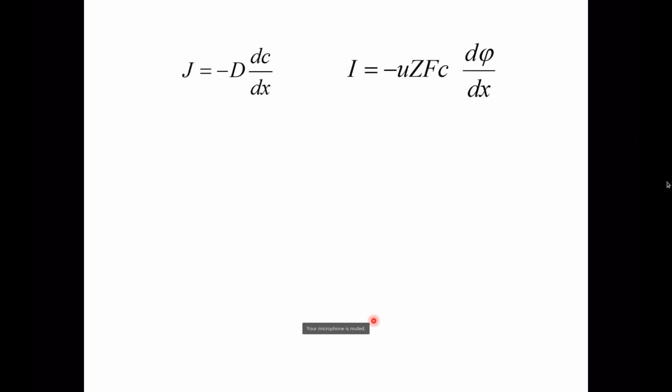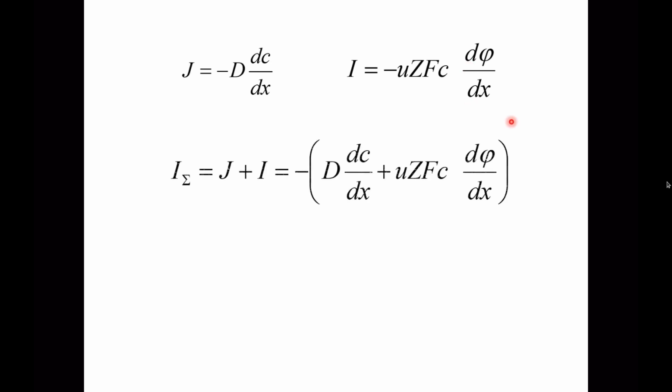Now we go to consider a more complicated situation, if the diffusion and the electrical current, or electrophoresis, are working together. So this is the flow from diffusion, and this is the electrical current because of the electrical field. We are going to summarize them: J plus I, this one plus this one.